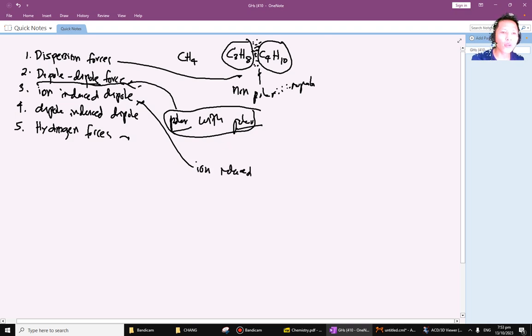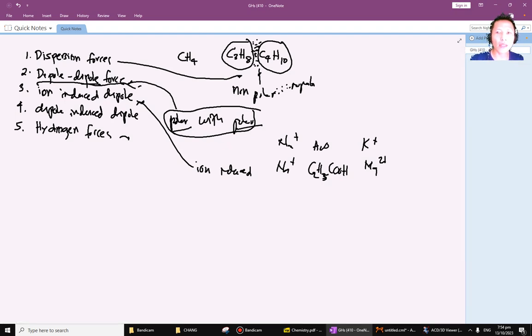Okay? As long as you have ions, let's say you have sodium near water, or sodium near acetic acid, that is CH3COOH, or C2H5, maybe acetic acid, I'm not that sure. As long as it's near the ion, or you have potassium, you have magnesium, all those ions and minerals, you can imagine those ionic substances dispersed through their positive and negative charge.